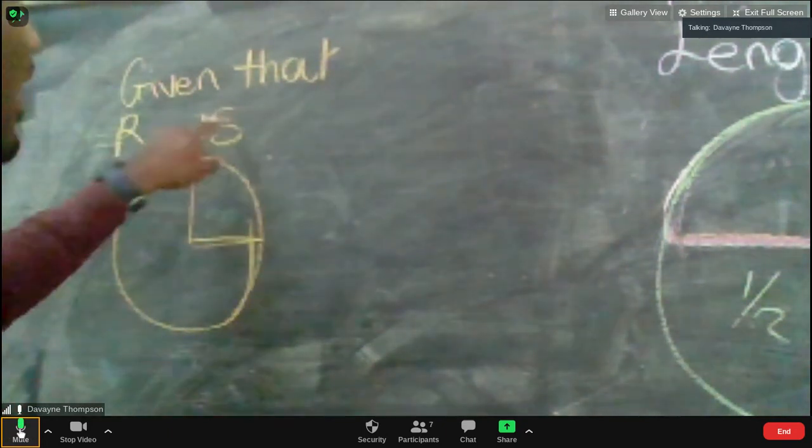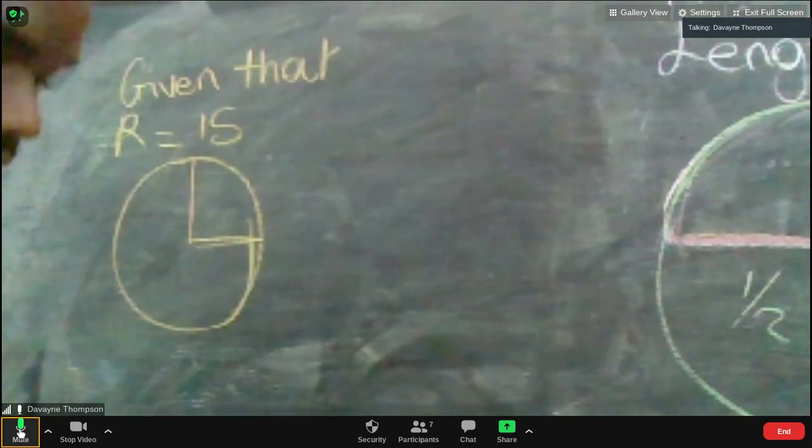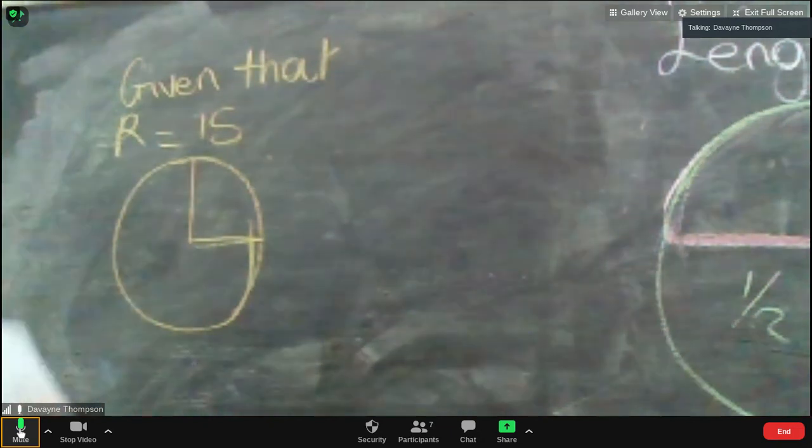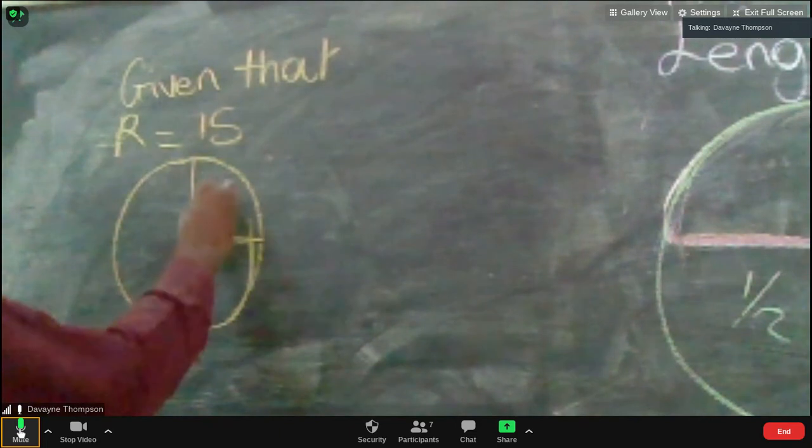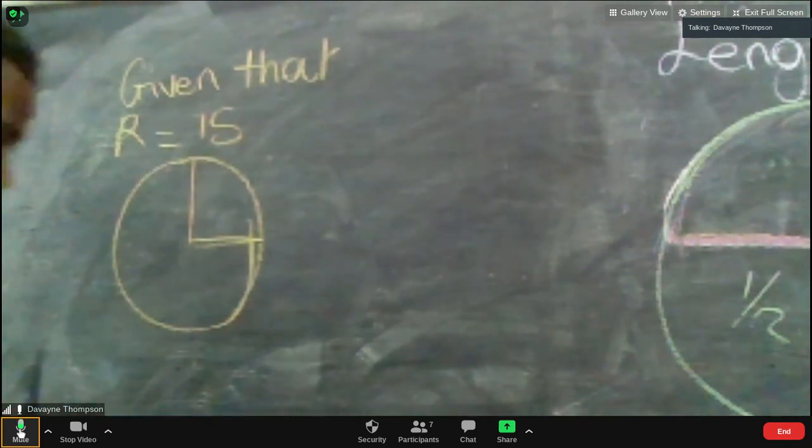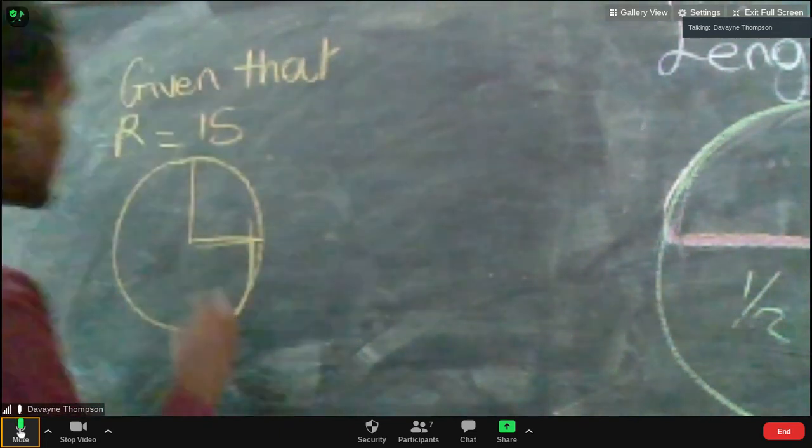You're going to find the area of the sector given that the radius on the diagram shows you the section of the sector. So this is the section that you're looking for.